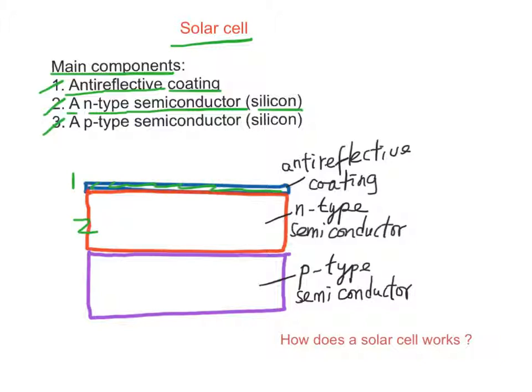Third, there is a P-type semiconductor, generally made of silicon also. Anti-reflective coating, N-type semiconductor, and P-type semiconductor.